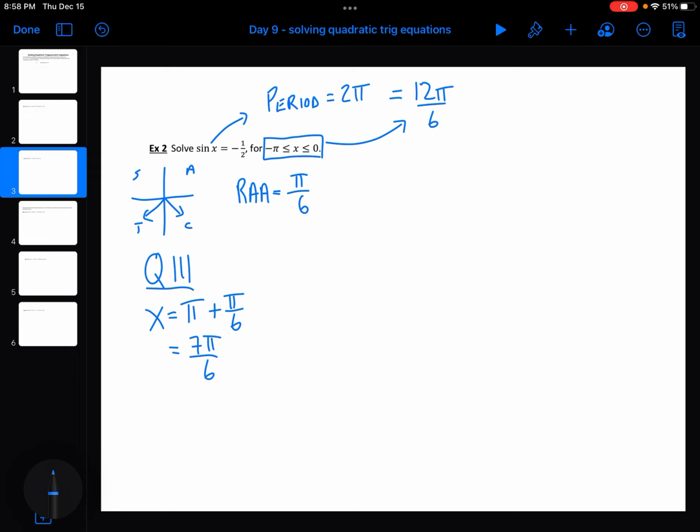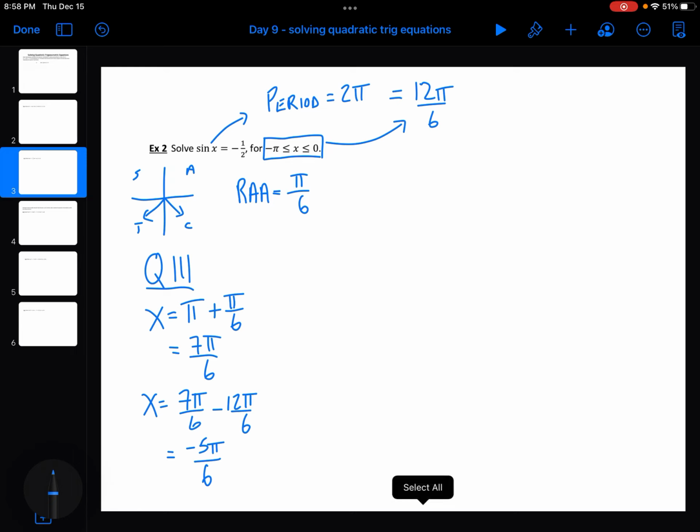Now that's out of the domain, so I would have to take my answer and say x equals 7 pi by 6 minus 12 pi by 6. Now 7 minus 12 is going to give me negative 5 pi by 6. That's within my domain. That's between negative pi, which would be negative 6 pi over 6, and 0.